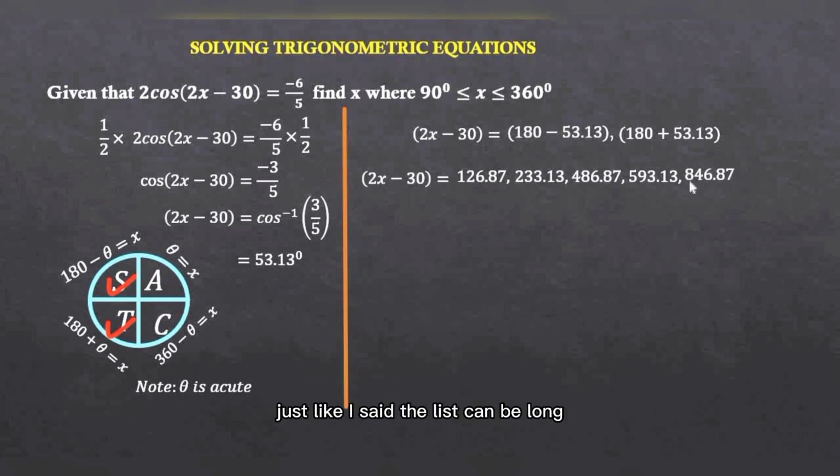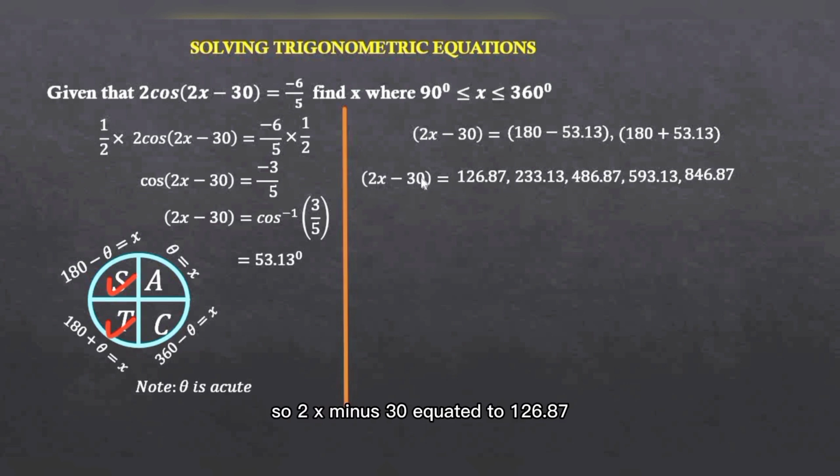Just like I said, the list can be long as you add 360 to the values you keep on obtaining, that is, as the cycles keep on increasing. So if we stop at this, hoping that the values you obtain here will give us all the values of x that fall within this range, let us now begin to solve for the value of x by equating the left hand side to each value on the right hand side.